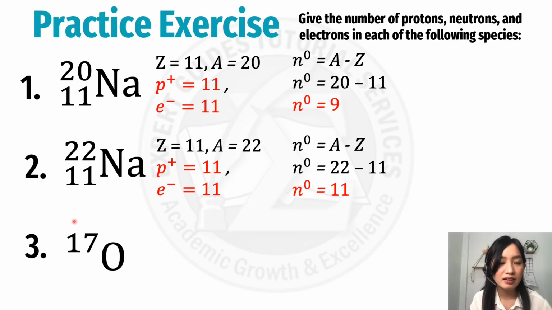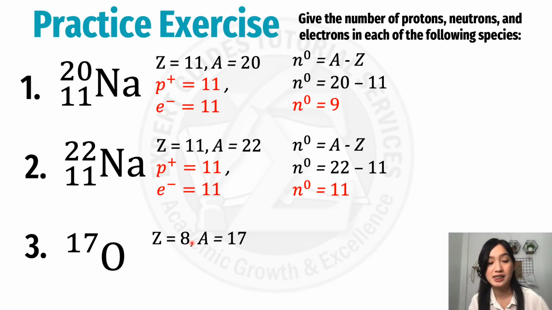So we can see here, the only given is mass number. So how will you know the atomic number? Take a look at the periodic table, and when we see oxygen in the periodic table, we can find that its atomic number is equal to 8. So let's just copy here the mass number.